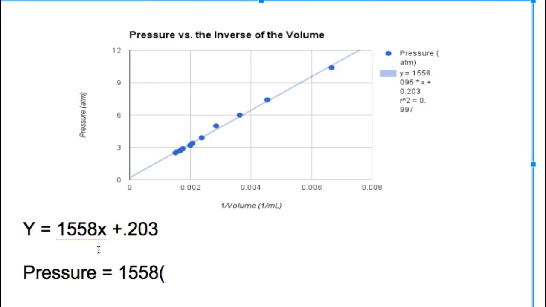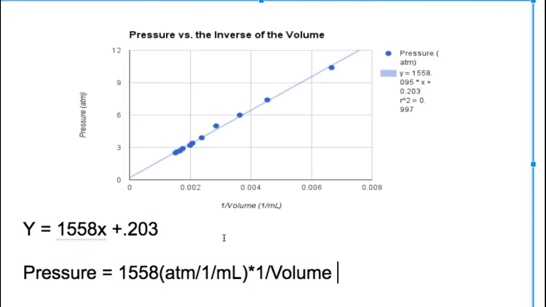We have atmospheres divided by, and then the run units are 1 over milliliters. And instead of writing x, I'll just separate it with a times 1 over volume.